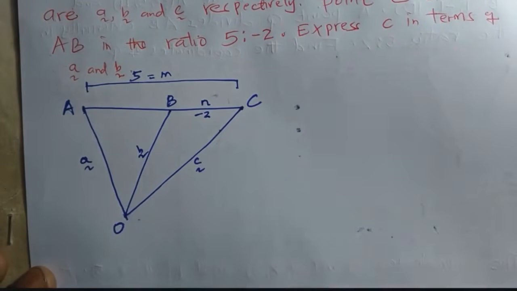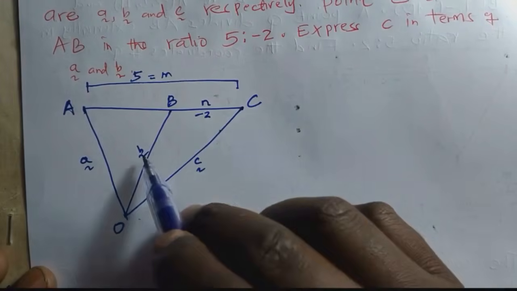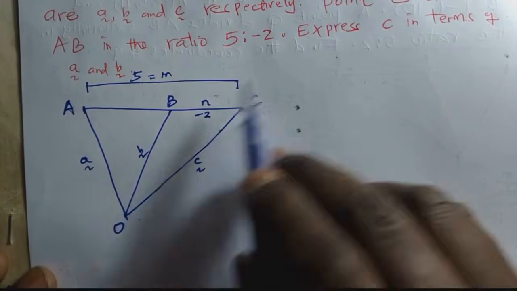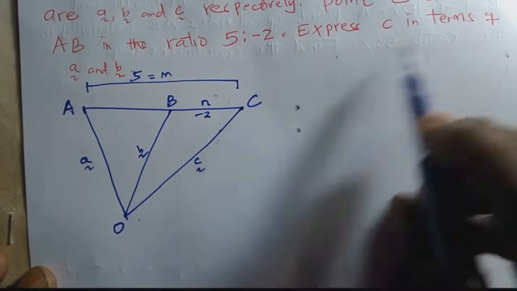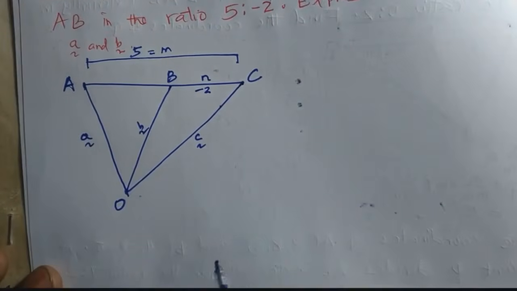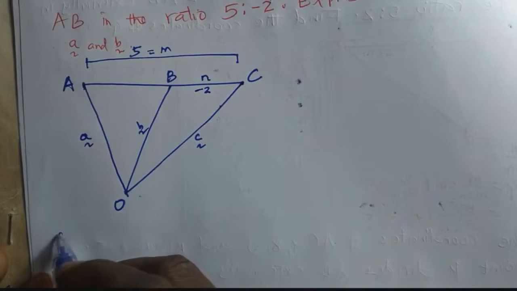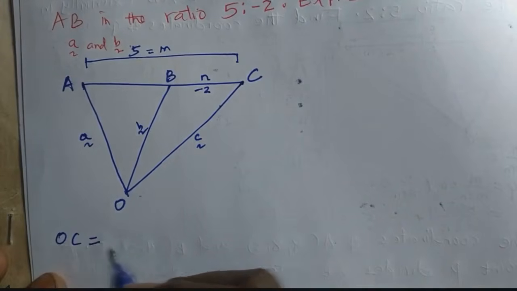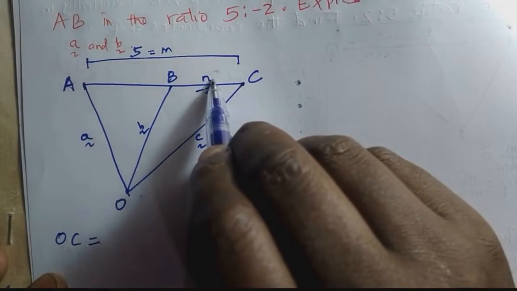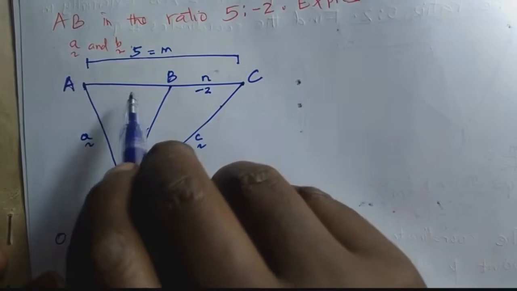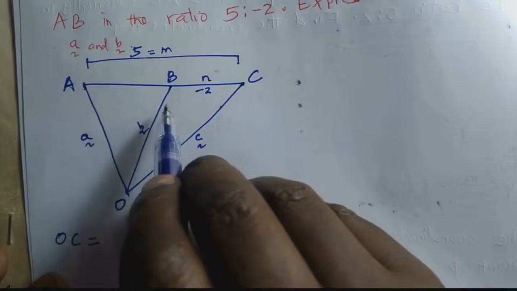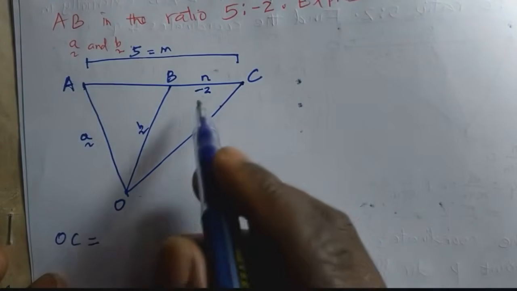So if I want OC in terms of B and A, expressing C in terms of a and b, it is simple. You use this ratio theorem. OC is equal to N over the total N plus M times the opposite.